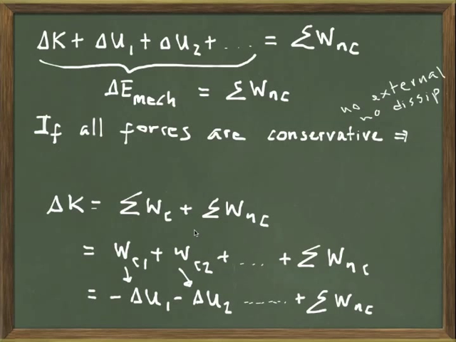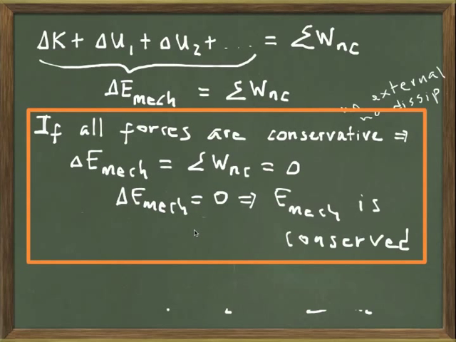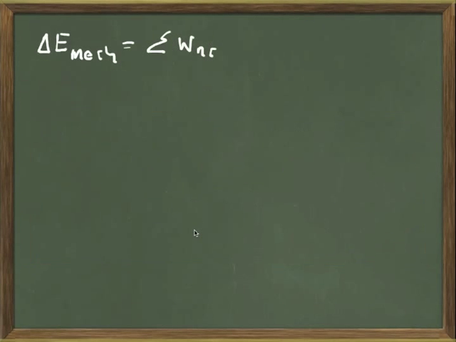We don't have any dissipative forces like friction, air drag, and so on. So if everything is nice and conservative, then the change in the mechanical energy should be equal to 0. So that's the big statement about conservation of energy. If all your forces are conservative, then your mechanical energy is conserved.